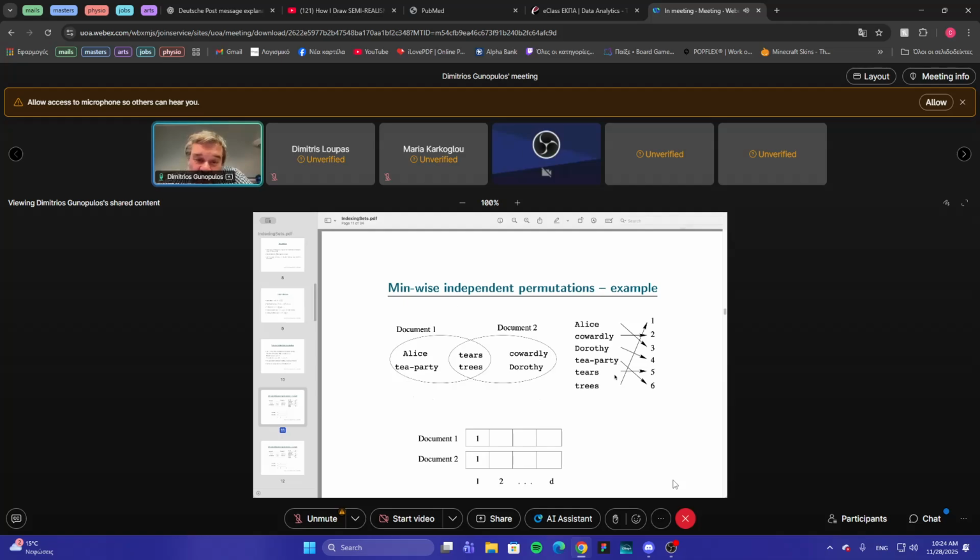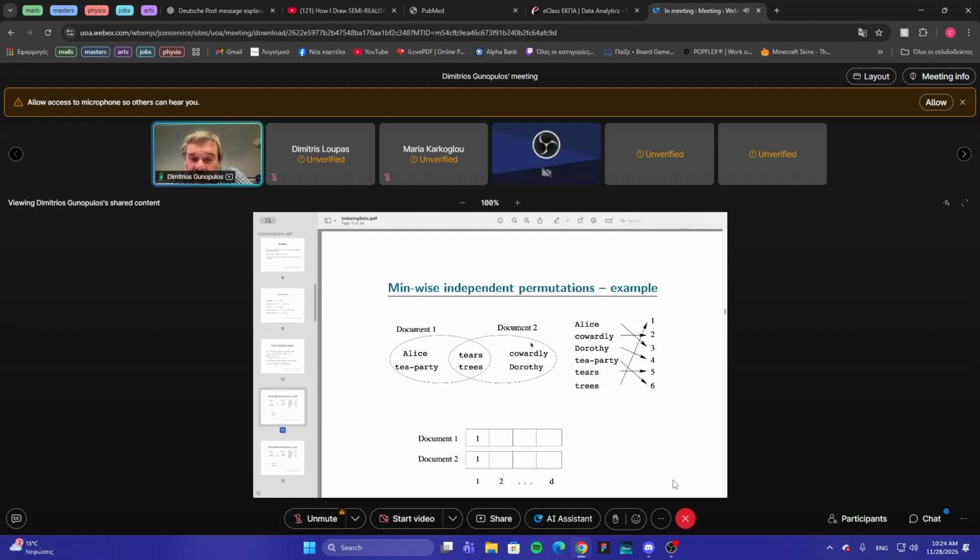And then, for each document, I look at which is the first word of this document that appears in this order. The order is Trish, and then Cowardly, and then Alice, and then Dorothy, and then Party, and then Tears, and then Tea Party.